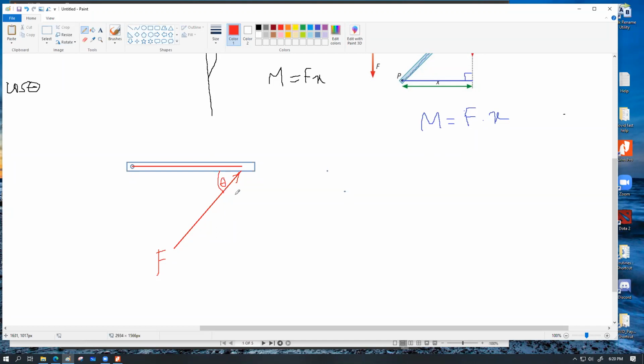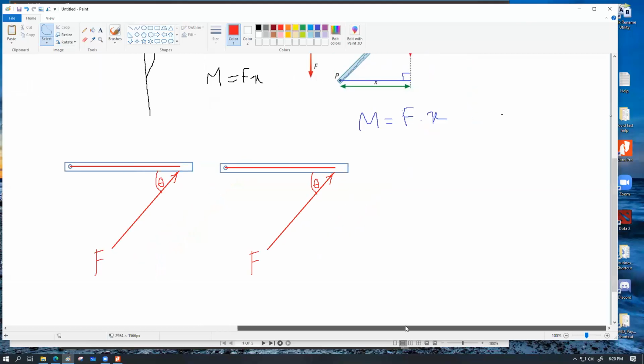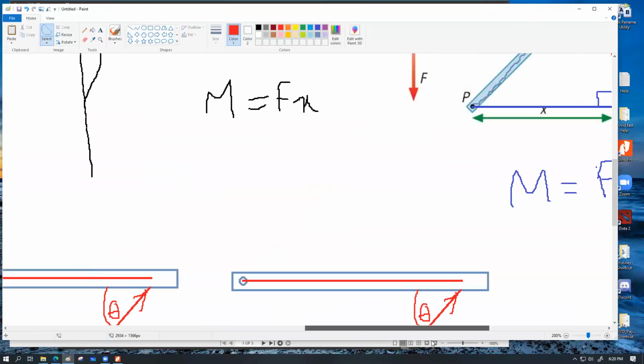You can see that this is very much possible to make the door rotate about this hinge position. Another way to draw this exact figure can be this. I'm going to copy this up. And another logical way by which we can show this exact figure is this.